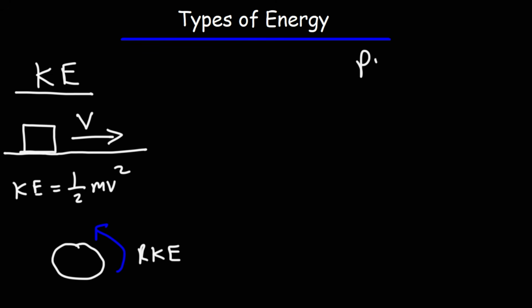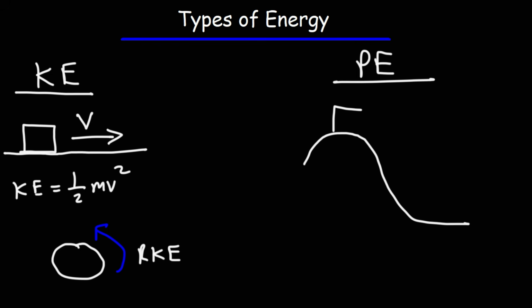Now, another type of energy is potential energy. This is a type of stored energy as opposed to objects in motion. A good example is, let's say we have a ball, or rather a block on this hill. This block has the ability to slide down.